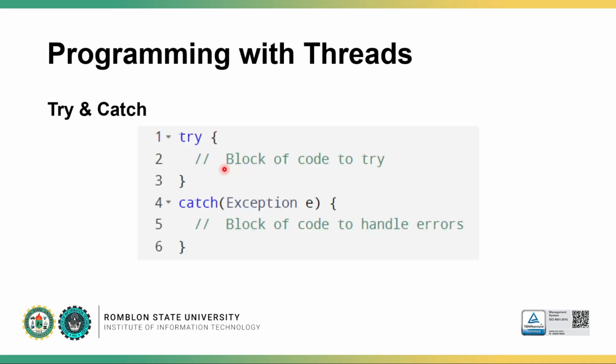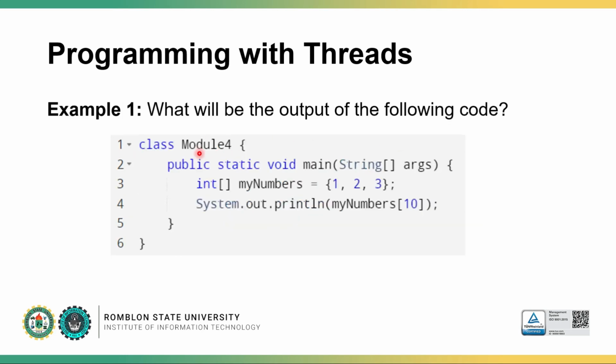To give you an example, this is the syntax of the try-catch block. We have a try keyword and a catch. The exception e identifies the error that happened in the try block. To give you a further example, I have created a code for module 4. First, we declare an array of numbers with content 1, 2, and 3.